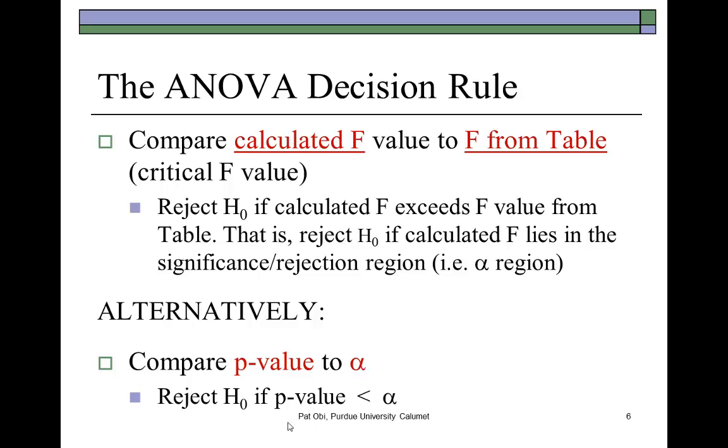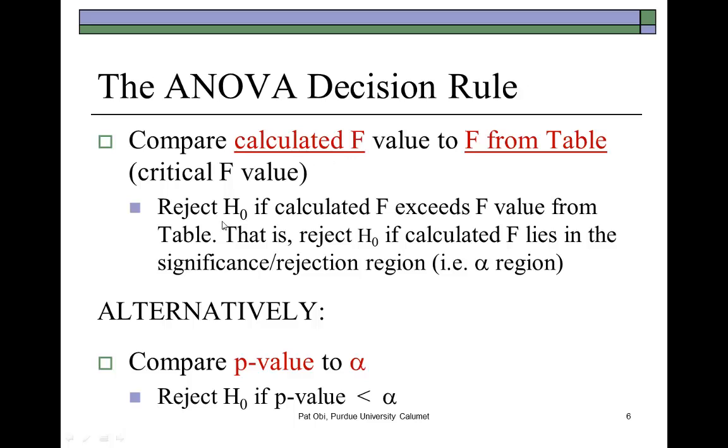Proceeding then with ANOVA, the decision rule can be expressed in one of 2 ways. In the first case, we could choose to compare the calculated statistic, which in this case is called the F statistic, to the critical value of the F statistic from the table. Shortly I'm going to show how to calculate this F statistic, which is at the very core of this lecture presentation.